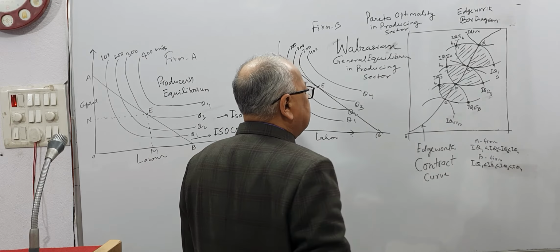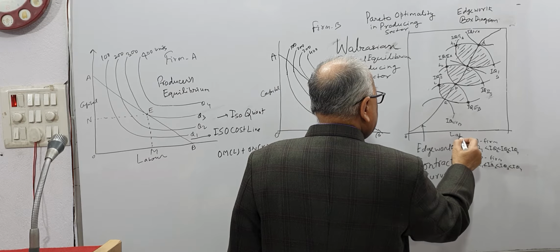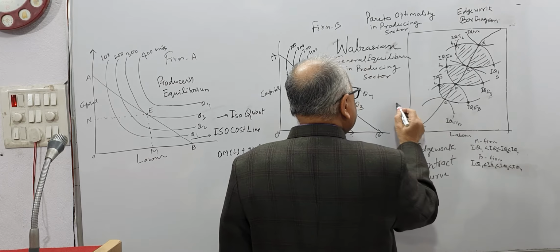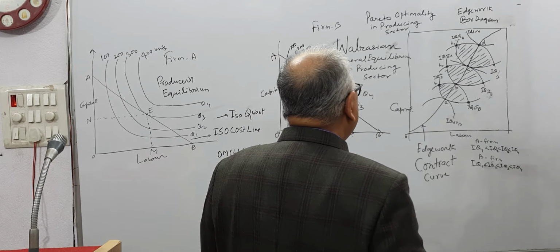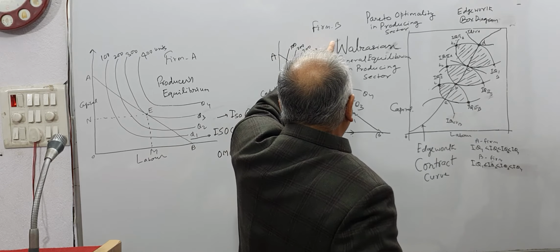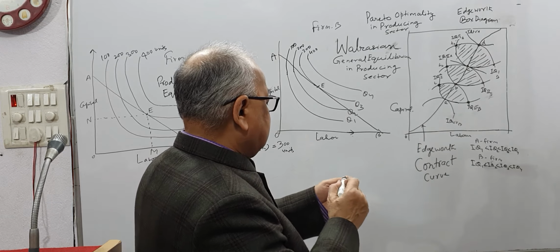In the producing sector, this is labor, this is capital. Labor and capital. Walrasian general equilibrium in the producing sector.